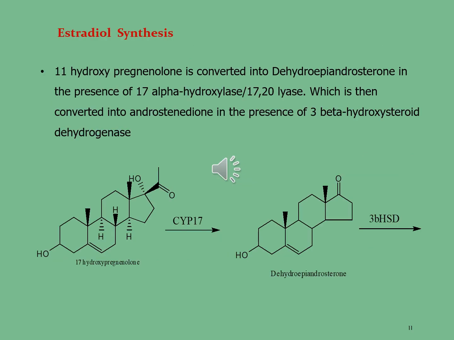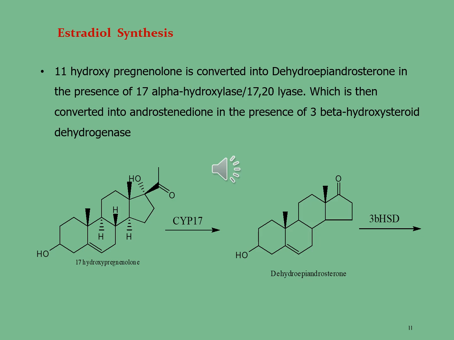Let's see the synthesis of estradiol. Estradiol is the common example of estrogens. In the first step, 17-hydroxypregnenolone is converted into dehydroepiandrosterone in the presence of 17-alpha hydroxylase 17,20 lyase enzyme, which is then converted into androstenedione in the presence of 3-beta hydroxysteroid dehydrogenase.